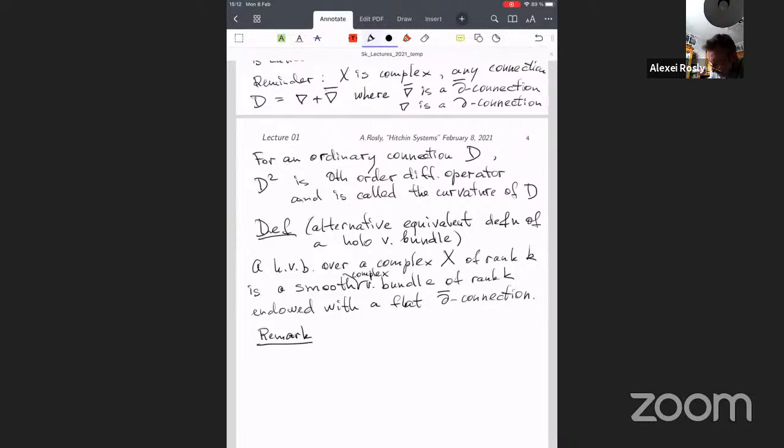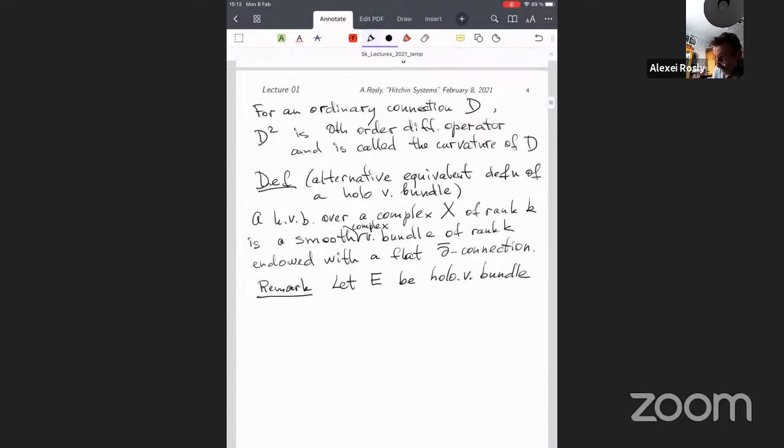Okay, let E be a holomorphic bundle. A holomorphic map from the base to the total space in the opposite direction to the projection is called a section. I repeat, a holomorphic section.